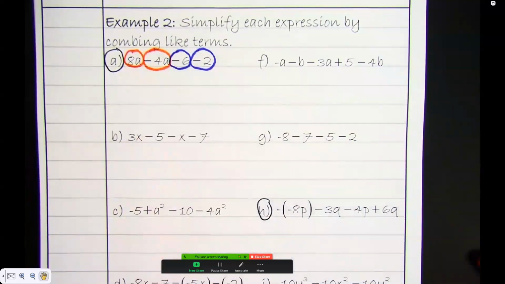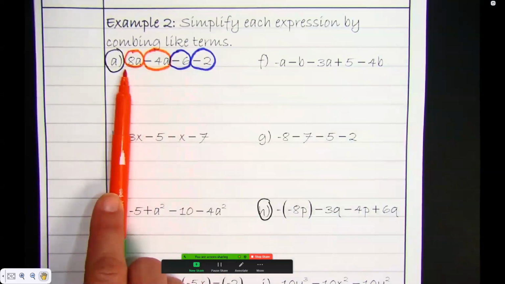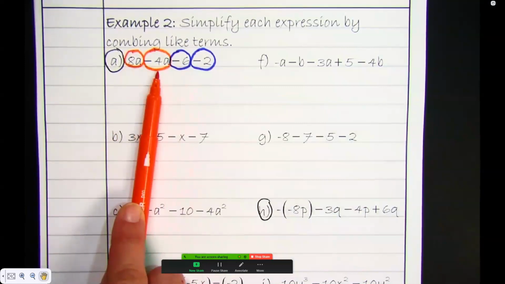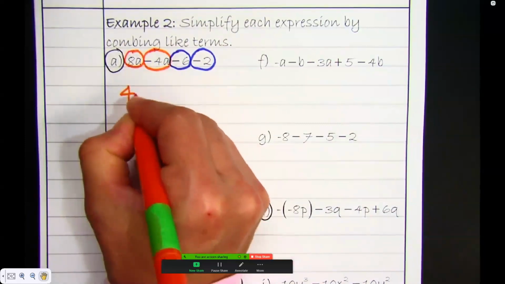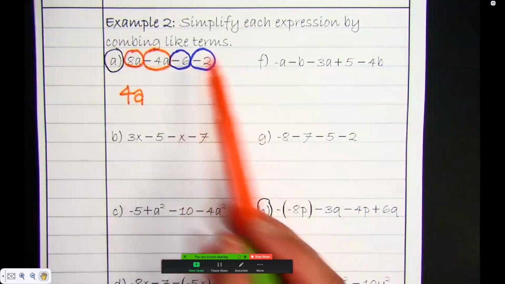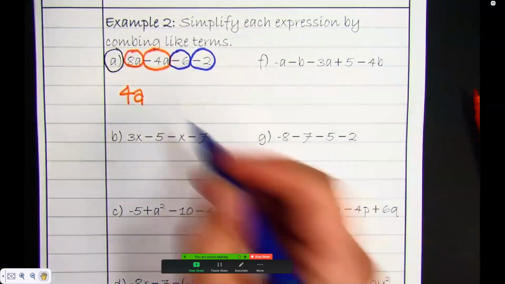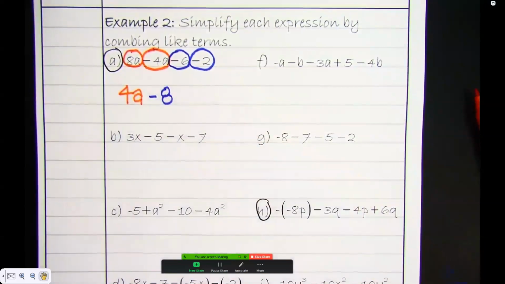And then of course, just simplify. Guys, remember your variables come first. So a positive 8a and take away 4 a's, that's going to leave you with positive 4a. And then a -6 with 2 more negatives is a -8. That's how we're going to do that.